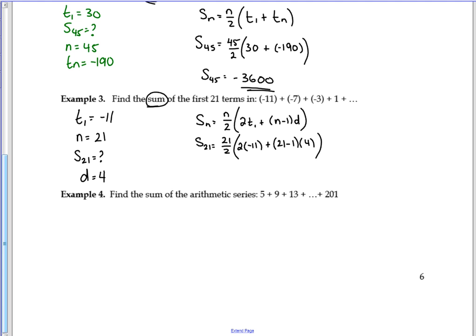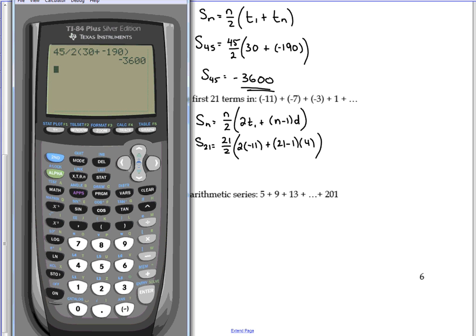You might want to simplify inside those brackets first, or we could type it in all at once. 2 times, I don't really need brackets in the calculator when I'm doing multiplication. 2 times negative 11 plus, now here's where you'd want brackets, but like 21 minus 1 we could just do in our head too, right?